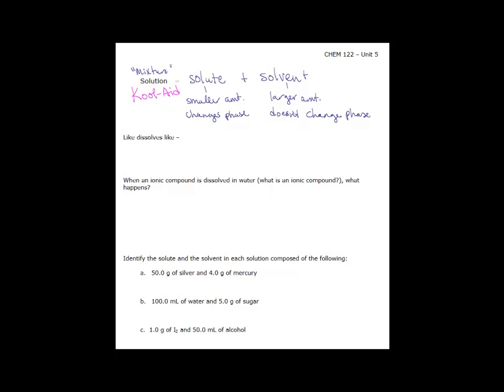Okay, so if Kool-Aid is your solution, and let's say you're using the sugar-free Kool-Aid mix, so you don't need to add the sugar. You just need to add the powder, and you add this to water. Which is your solute and which is your solvent? Well, the powder would be your solute. So solute would be your powder. Your solvent would be water.